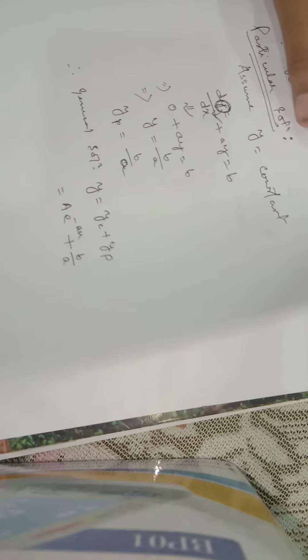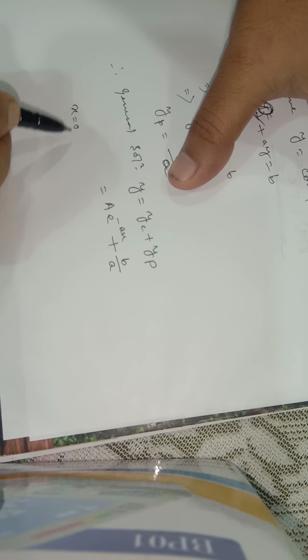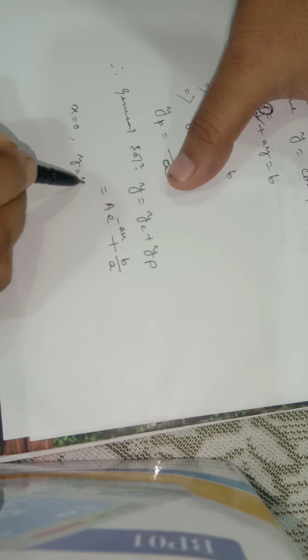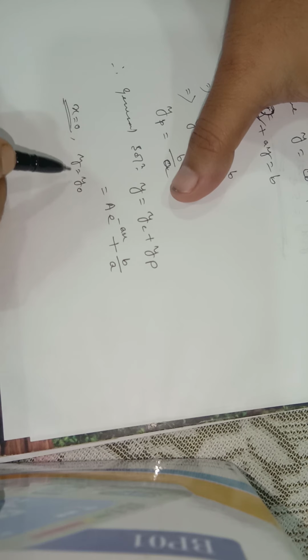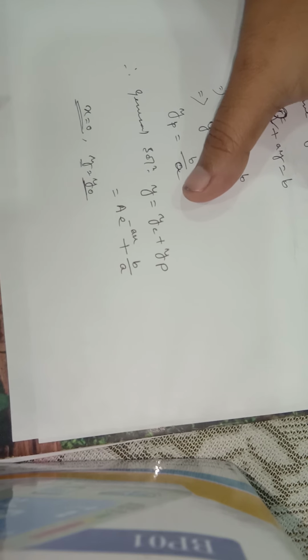The initial condition is that when x is equal to 0, y is equal to, suppose, y naught. Okay, now this is our initial condition.